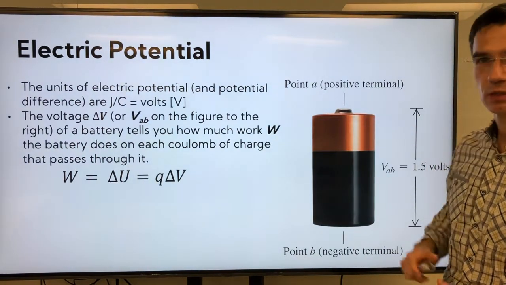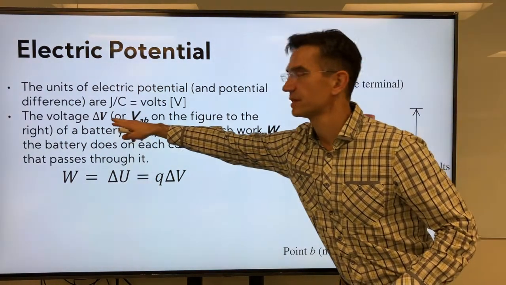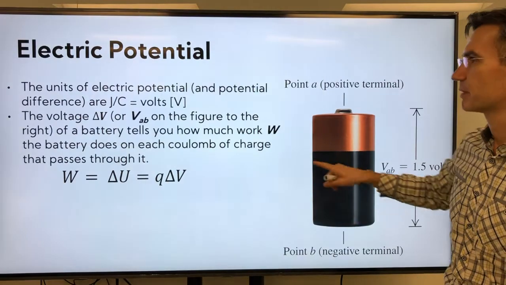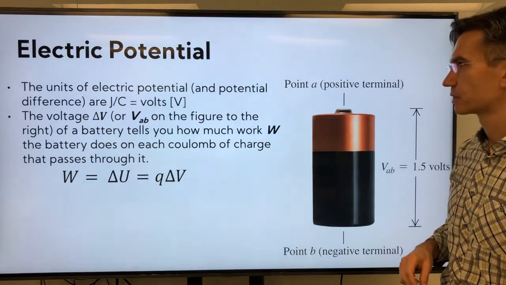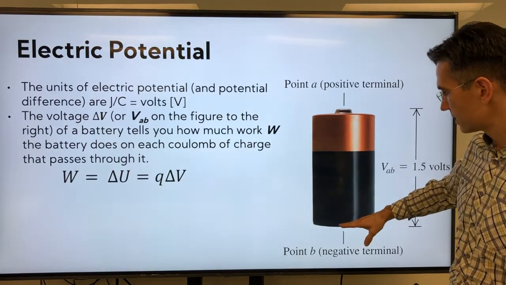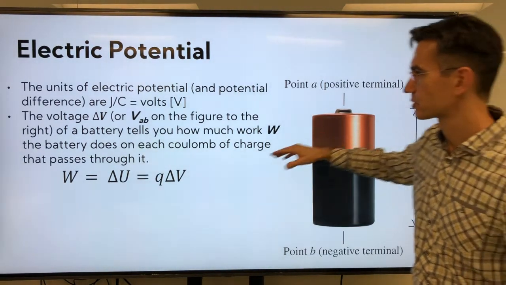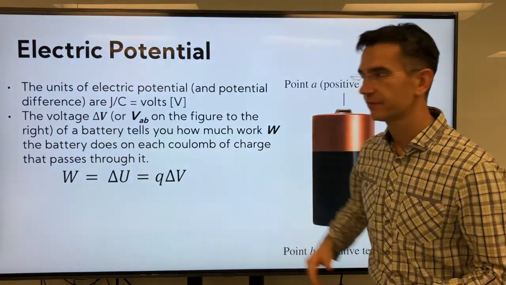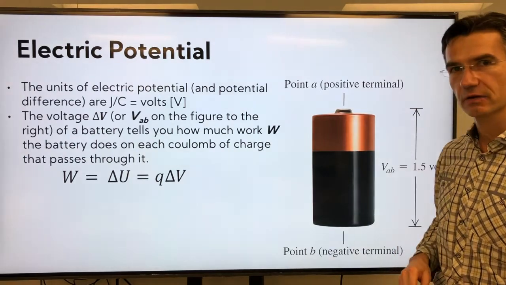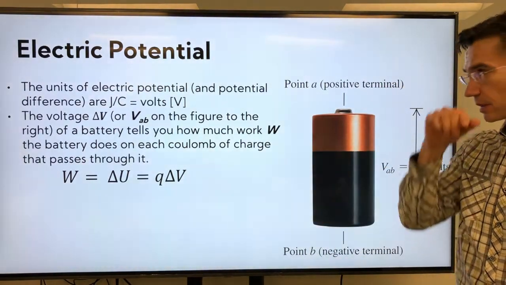And if we go back to our example of the battery, the voltage, or the difference in electric potential for the battery, tells you how much work the battery is doing to move 1 coulomb of charge from the negative to the positive terminal. So a voltage of 1.5 volts tells you that to move 1 coulomb of charge, the battery is doing 1.5 joules of work.